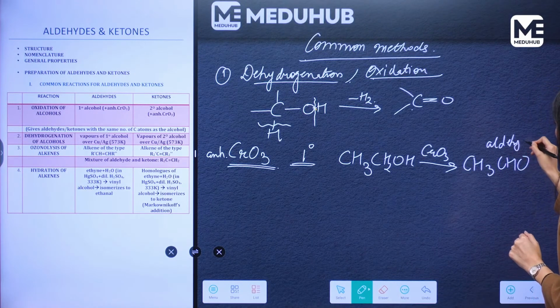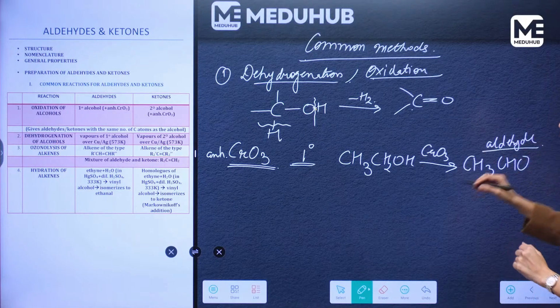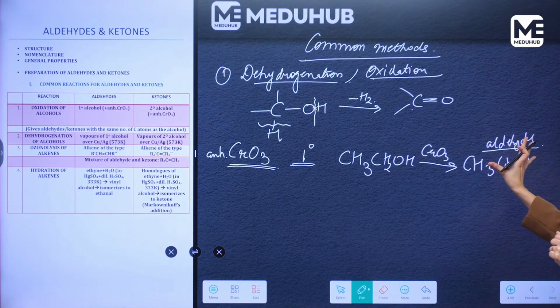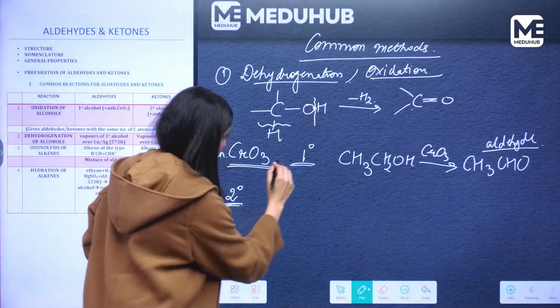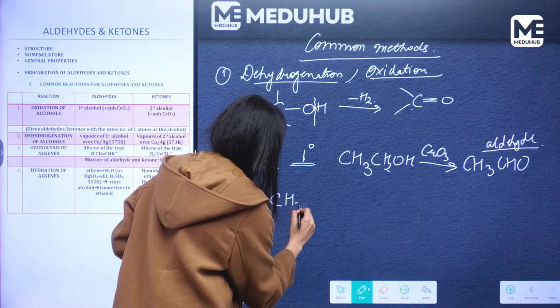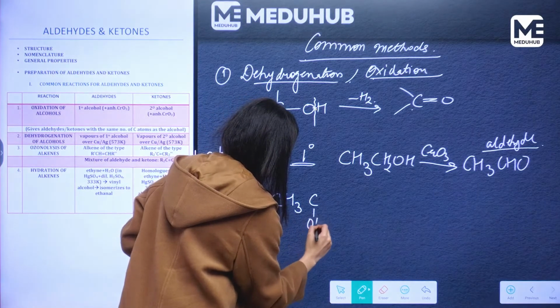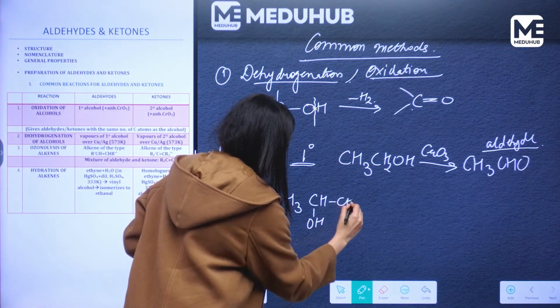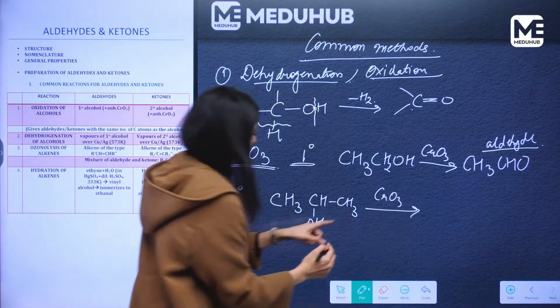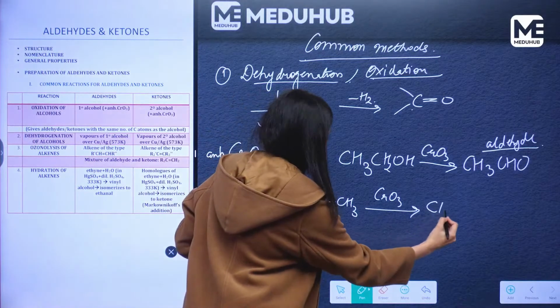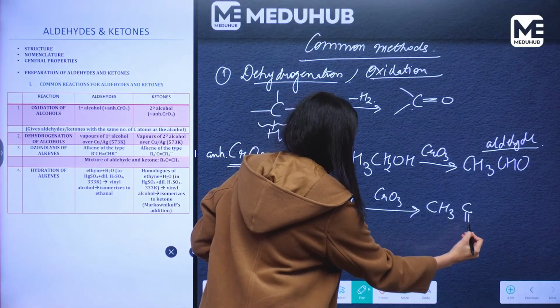That means a primary alcohol on oxidation gives an aldehyde. Whereas if we have a secondary alcohol like this one, this on reaction with CrO3 will give us a ketone, CH3COCH3.